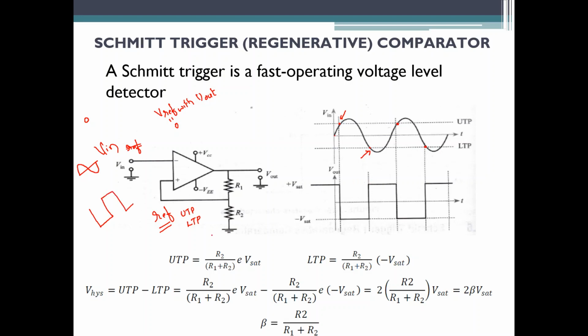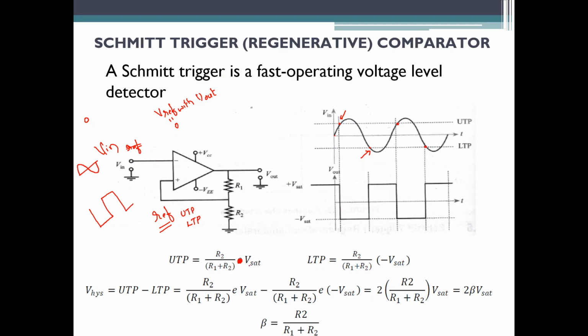The values of the upper triggering point and the lower triggering point are basically set by these resistors, right? So the formula for upper triggering point is R2 divided by R1 plus R2 into V saturation. You ignore this E here. And the lower triggering point is given by R2 divided by R1 plus R2 into minus V saturation, because the upper triggering point will make your device get into minus V saturation and the lower triggering point will push your device into plus V saturation.